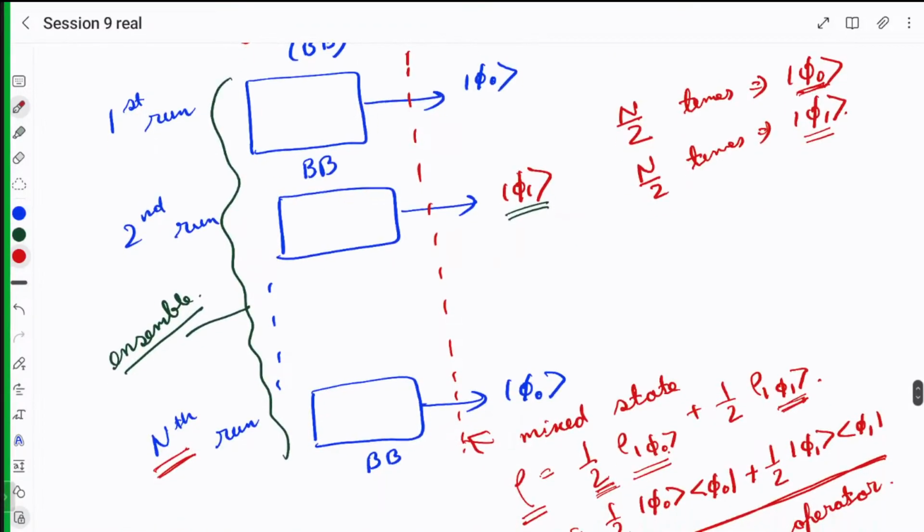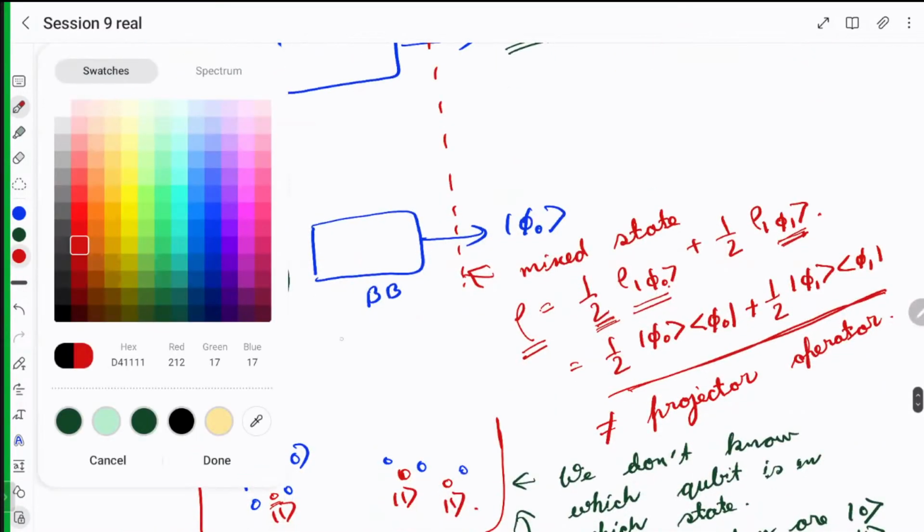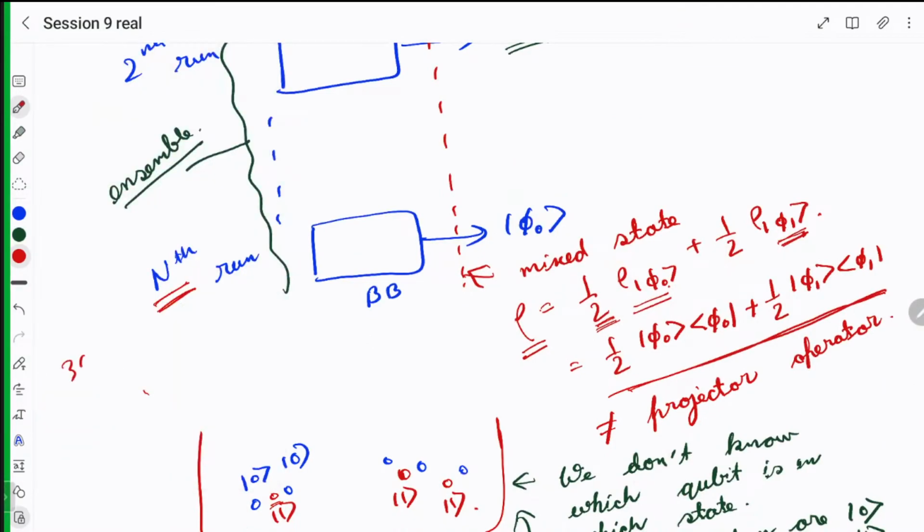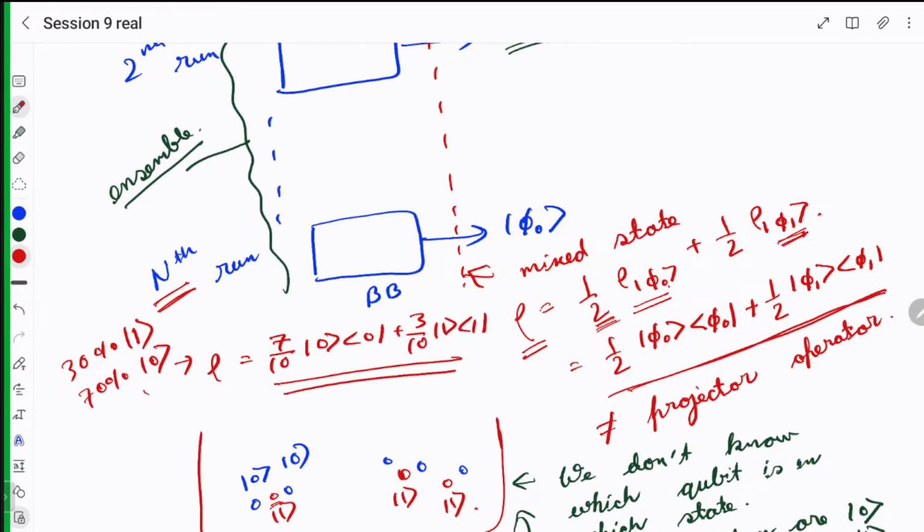If you have, say, 30% of the time you get one and 70% you get zero, and this is your ensemble, then the rho will be 7 by 10 get 0 plus 3 by 10 get 1. Okay. So yes, it is possible.